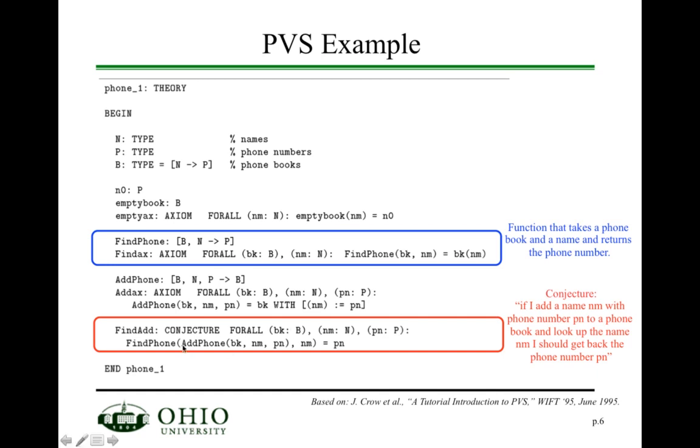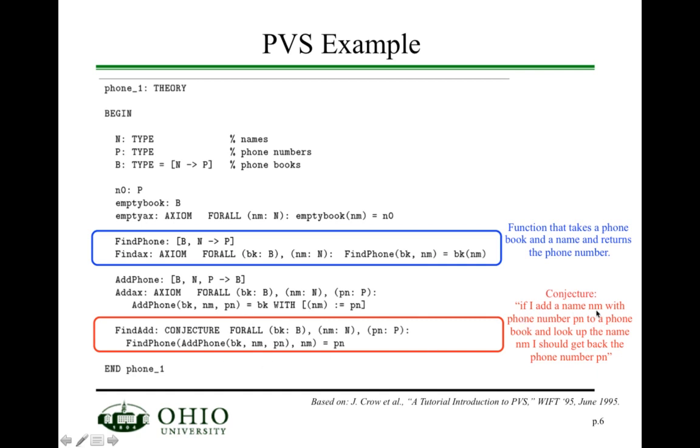I'm not going to go into too much detail. This is not a class on PVS, but here we define, with 2 lines, a function that takes a phone book and a name and returns the phone number. We describe this very formally, and then we make a conjecture.